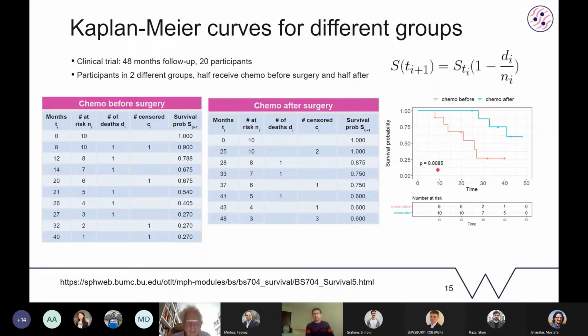If the p-value is below, let's say 0.05, then we can confirm that indeed these groups are statistically different in terms of their survival times.